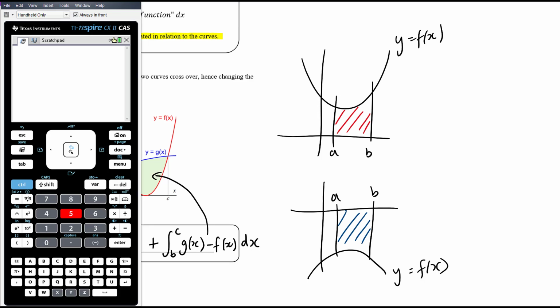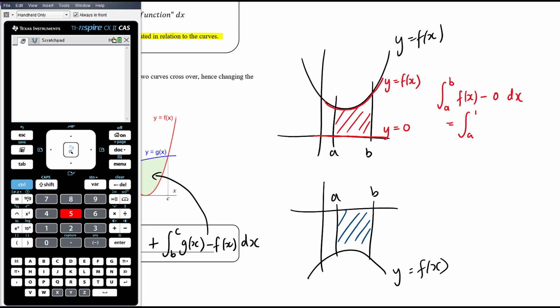We already know that. But one way you can think about this is you can always think of areas as being between two curves. Okay, so in this case, the top curve would be y equals f of x, and the bottom curve is the x-axis, which is the line y equals 0. So if you always think about it as being an area between two curves, it is the integral from a to b of the top curve, which is f of x, minus the bottom curve, which is 0, with respect to x.